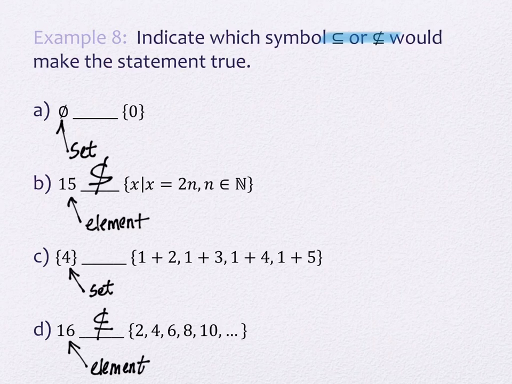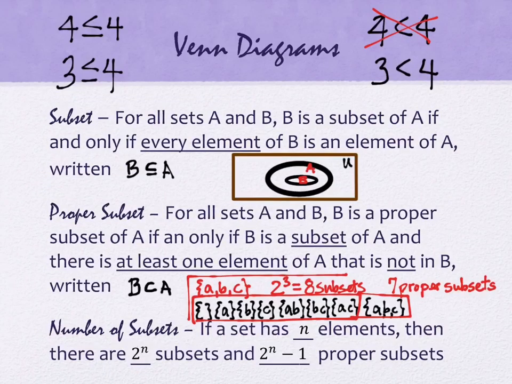Okay, so let's talk about what's coming on the other side then for the ones that are sets. The question now becomes, is everything in the set that's on the left inside of the set that's on the right? Now, I already did A before, over here, when I created all my subsets. Do you remember that?